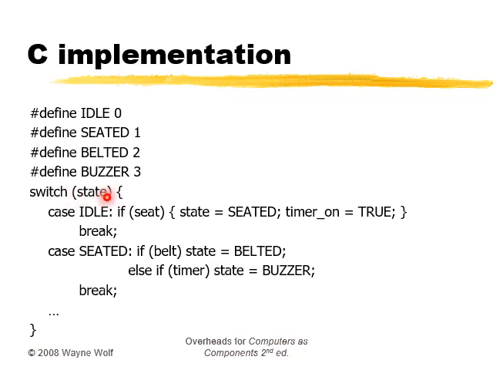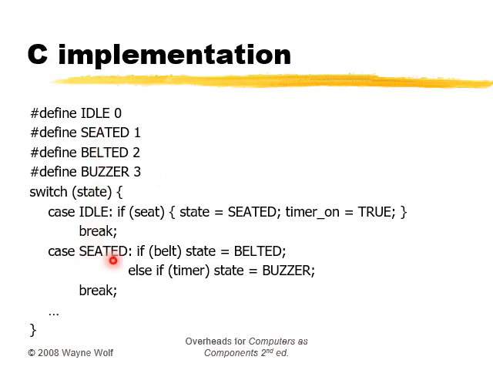So, switch state. If the case is idle and if seat, it means that the person is on the seat. The next state will be seated and timer on is equal to true. So this is our first case. In the second case, because we were seated in the previous state, the next will be seated.